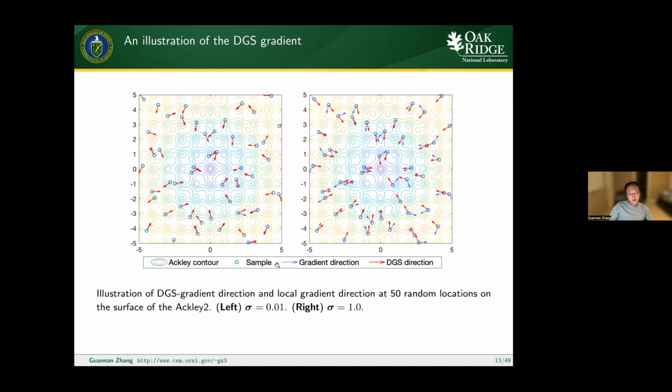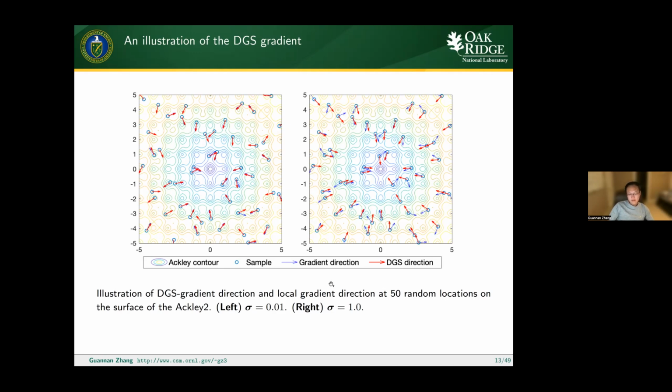On the left, the smoothing radius is 0.01, which is very small. In that setting, you can see most of the blue and red arrows agree with each other, which means our non-local DGS gradient is approximating the local gradient, which is not what we want for non-convex optimization.